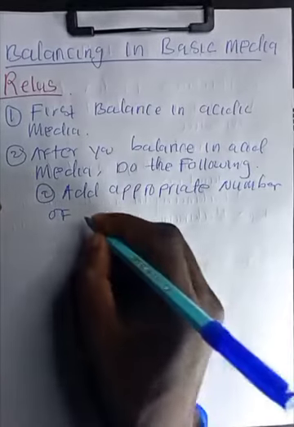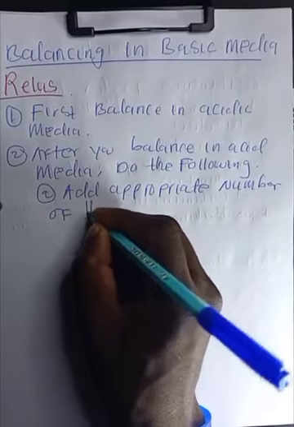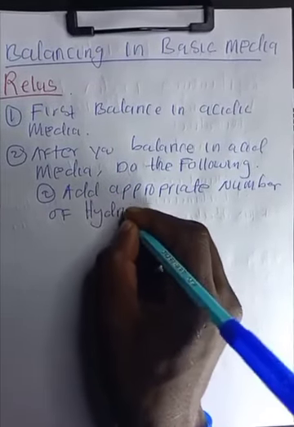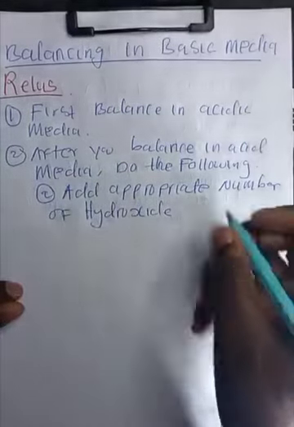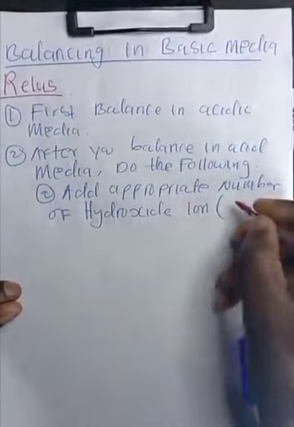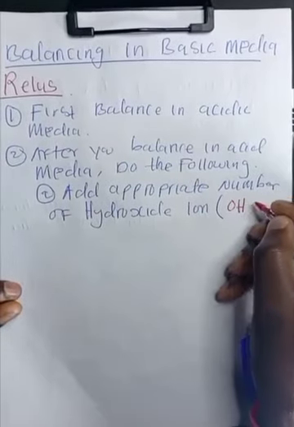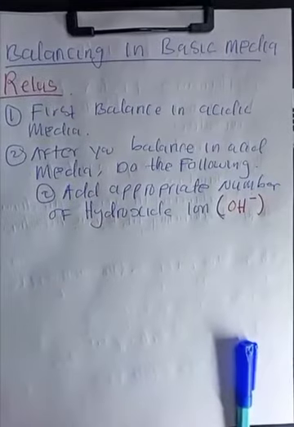Okay, good: hydroxide ion. So we add the appropriate number of hydroxide ions, not hydrogen ions. In brackets, we write its chemical symbol, OH with a negative charge on top.